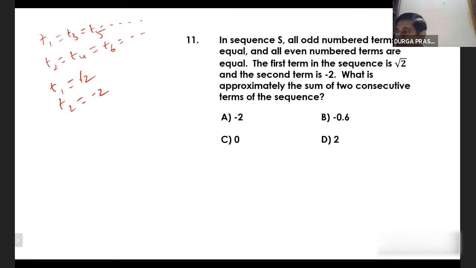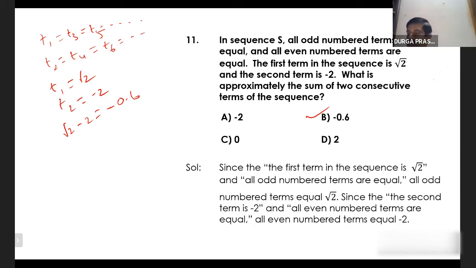So it should be root 2 minus 2. That is minus 0.6 approximately. Root 2 is 1.414, so I can take it as 1.4 minus 2, which is minus 0.6. So option B. Please note it fast, quick.